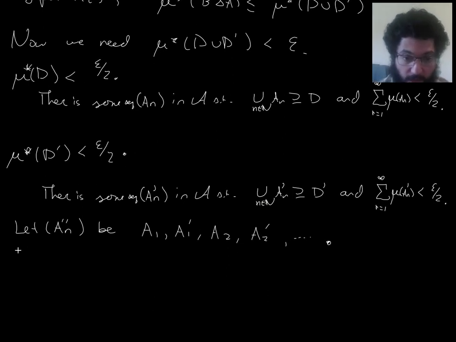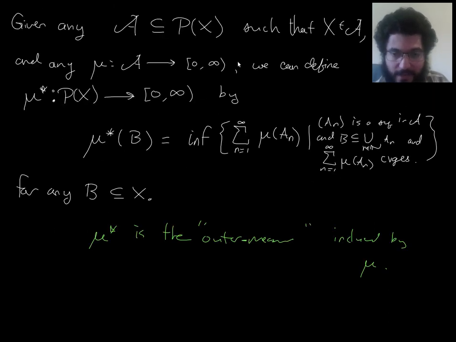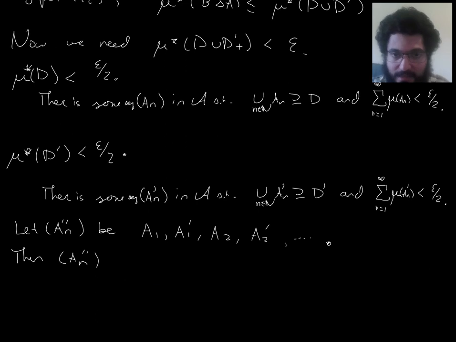Then definitely, let's see, what does A_n double prime have to do? Looking back at the definition over here, I want it to be a sequence of special sets in fancy A, and I want it to cover my thing. What's my thing here? D union D prime. I want it to cover that.